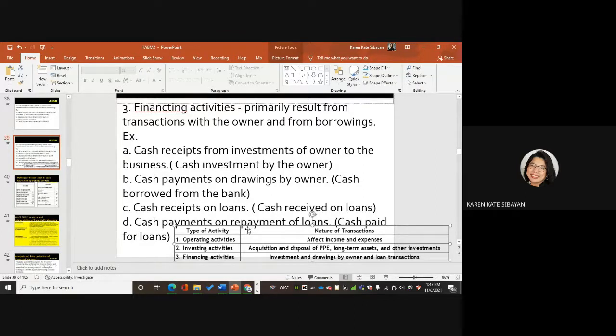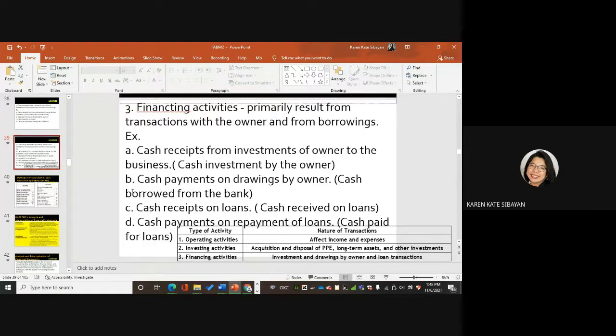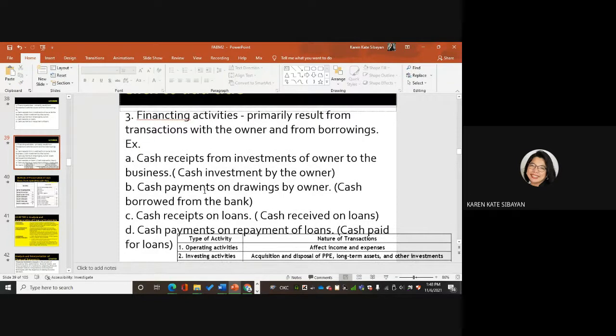Lahat ng outflows, nababawasan ang cash mo. So under the operating activities, these are some of the cash flow from operating activities.